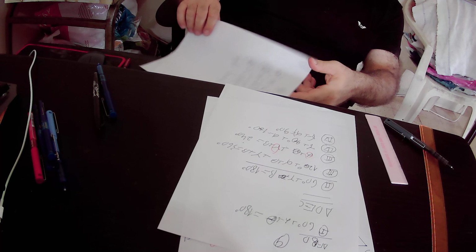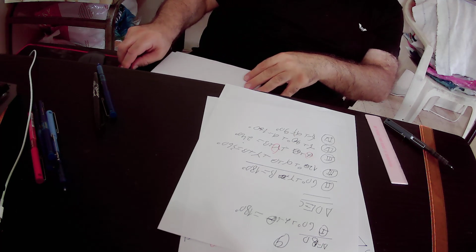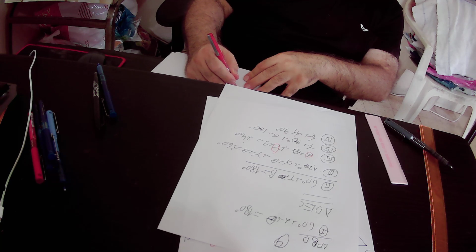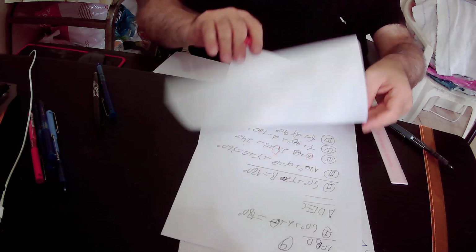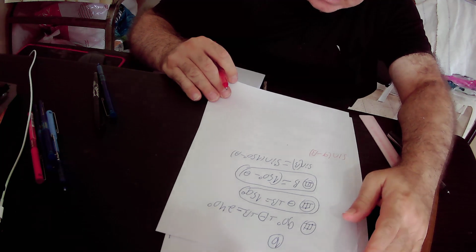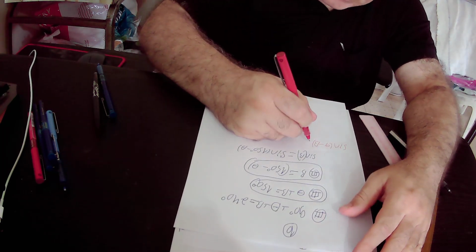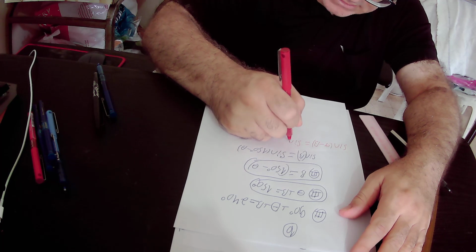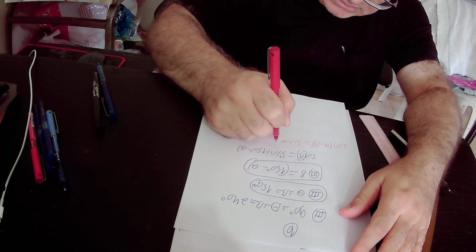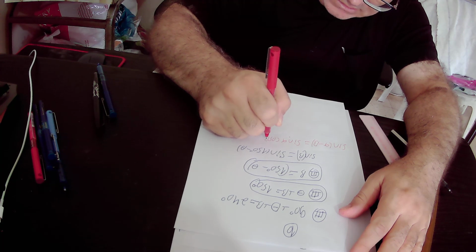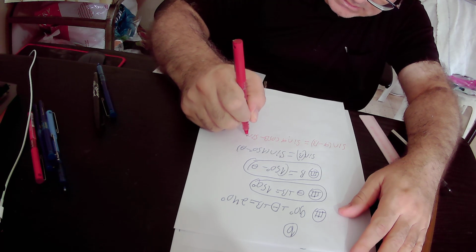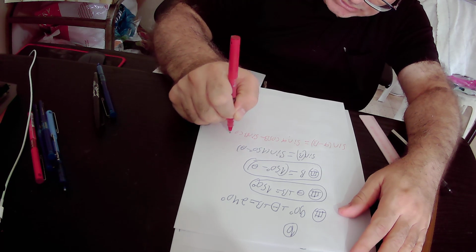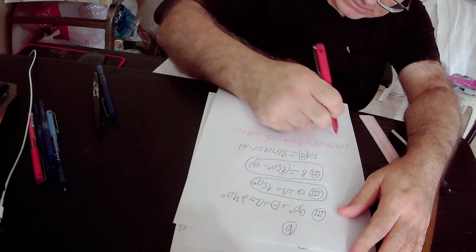The second trigonometric identity states that sinus of alpha minus beta, again according to the second trigonometric identity, sinus of alpha minus beta equals sinus alpha times cosinus beta minus sinus beta times cosinus alpha.